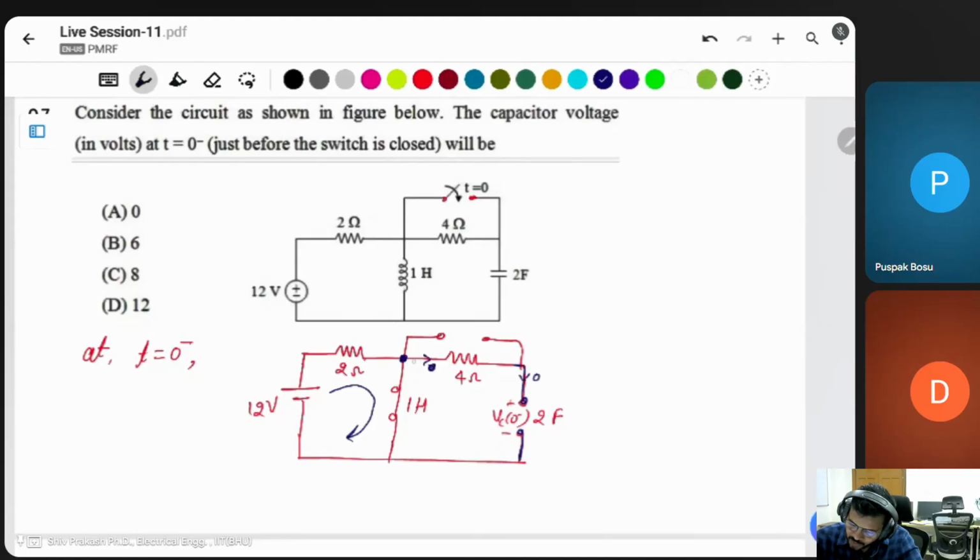There is no current, so no voltage drop here, and these two points are connected to the circuit, and this point is short circuited. It means the voltage across this is zero. The same voltage occurs at the capacitor. So at t is equal to 0 minus, the capacitor voltage is 0.